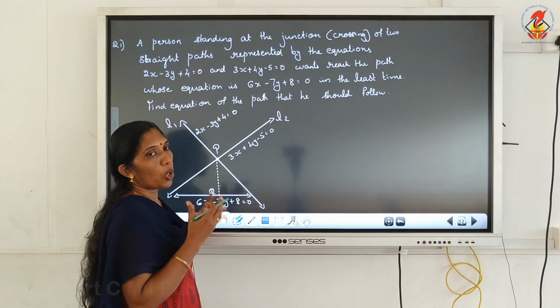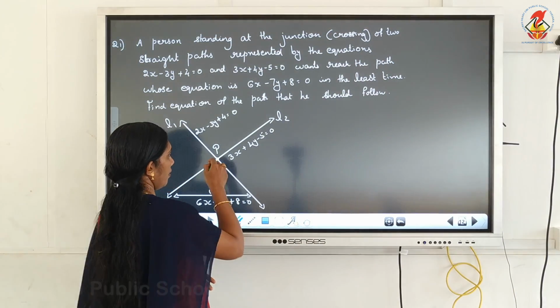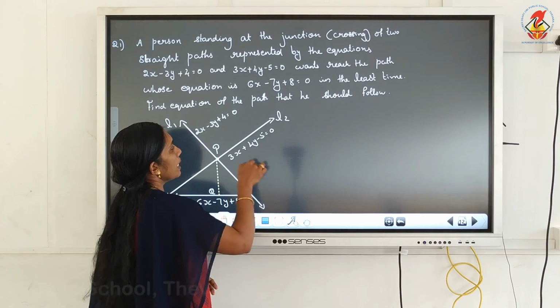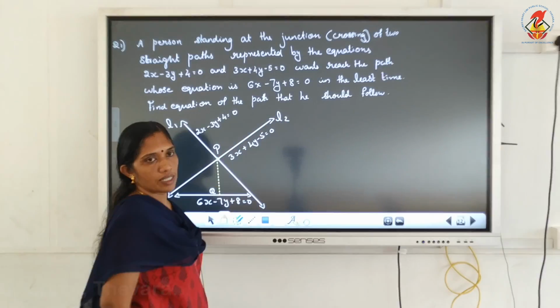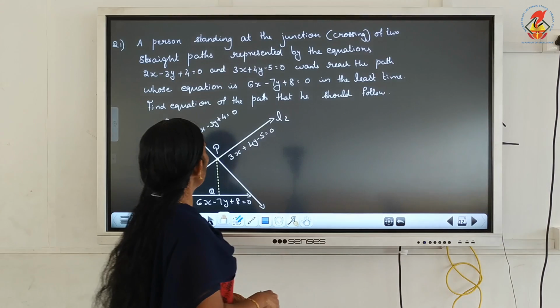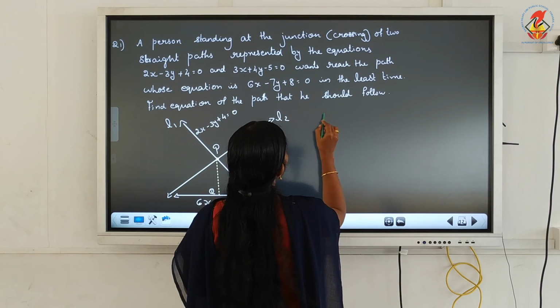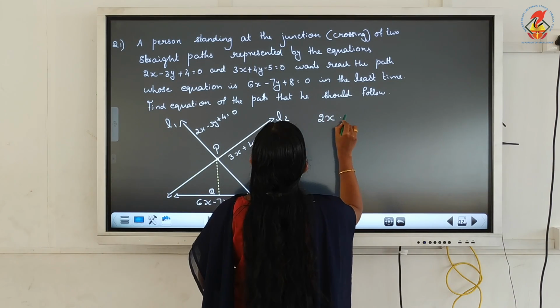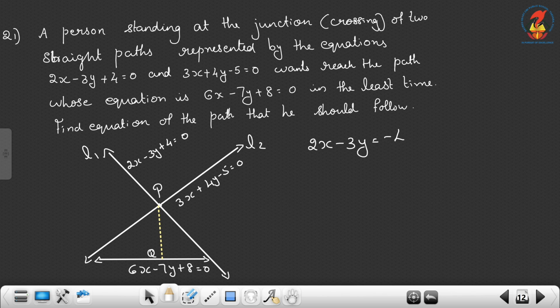So we need a point also. How do we get the point? We can find P by solving these two equations. Okay, so first we can solve the equations. 2x minus 3y is equal to minus 4. 3x plus 4y is equal to 5.